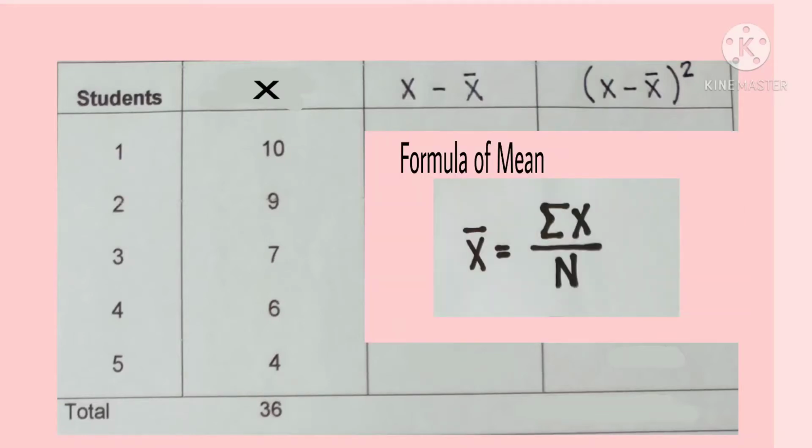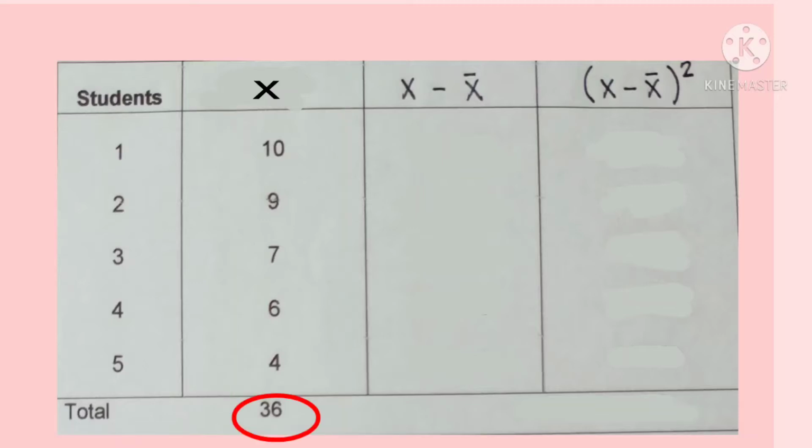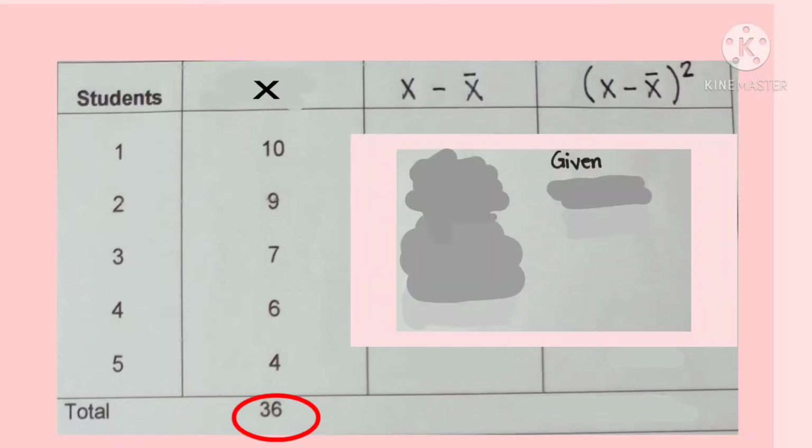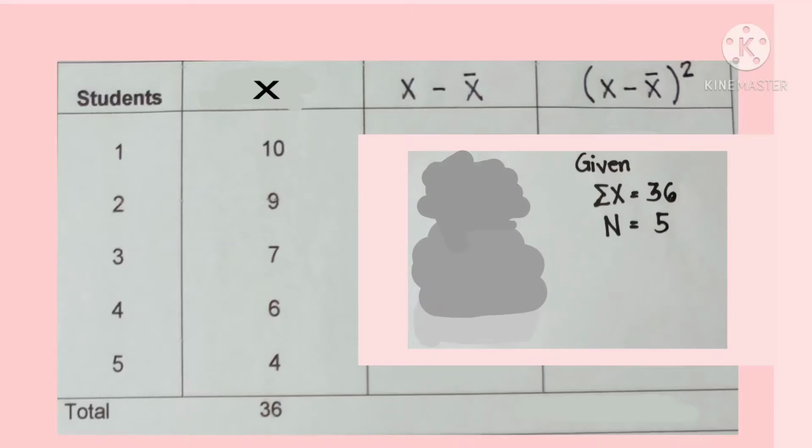The formula of the mean is x bar equals the summation of x divided by n. To get the summation of x, we add all the scores in the second column: 10 plus 9 plus 7 plus 6 plus 4 is equal to 36. So now we have the summation of x, which is 36. Our n, or number of cases, is 5, which is 5 students.